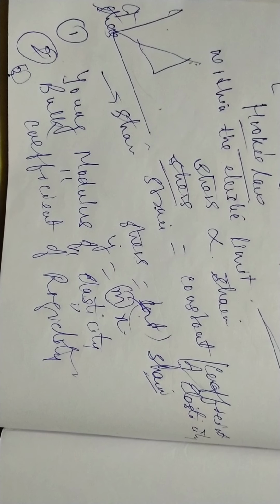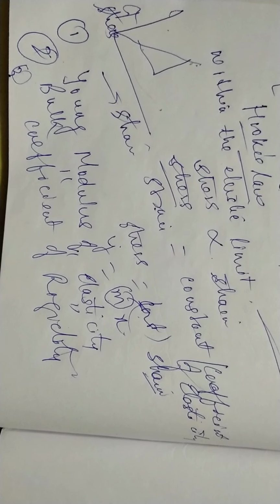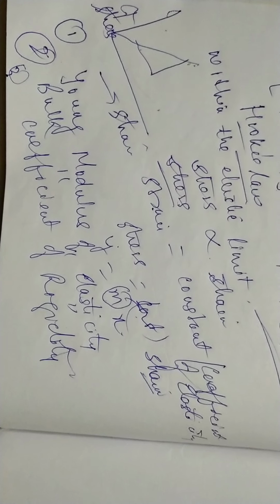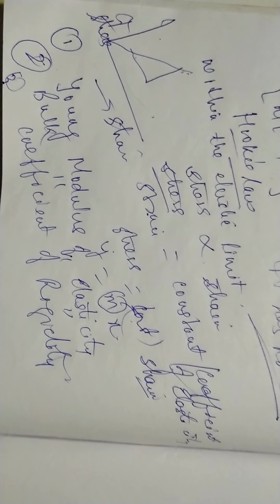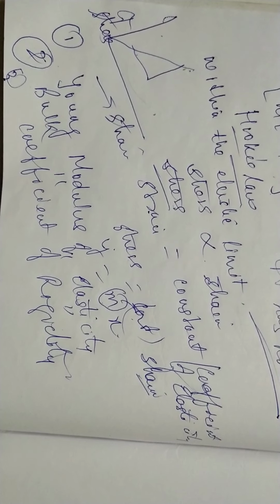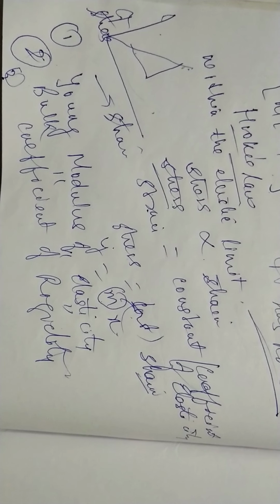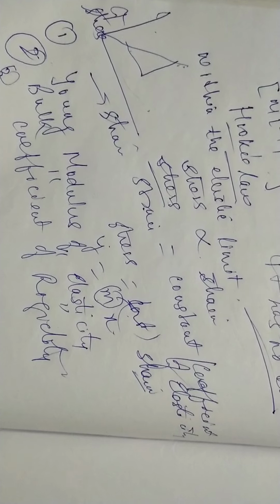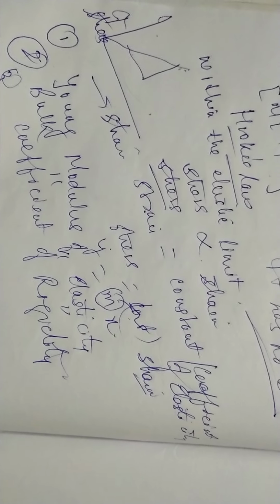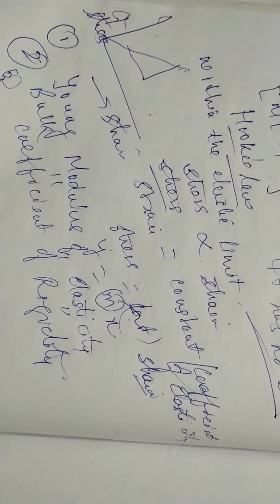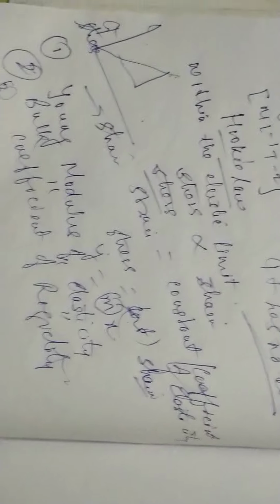Compared with the equation of a straight line, y = mx, the m is played by the constant, the coefficient of elasticity, so you can find it from the slope of the graph. Now we have three different types of elasticity: Young's modulus of elasticity, bulk modulus of elasticity, and coefficient of rigidity. In today's class we will discuss only one type, that is the Young's modulus of elasticity.